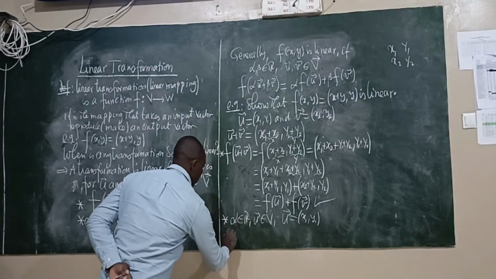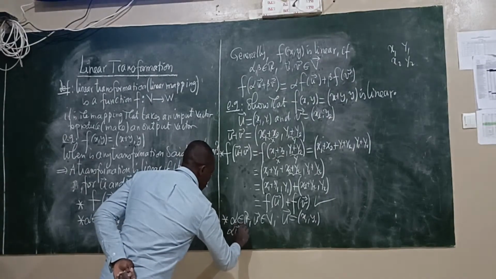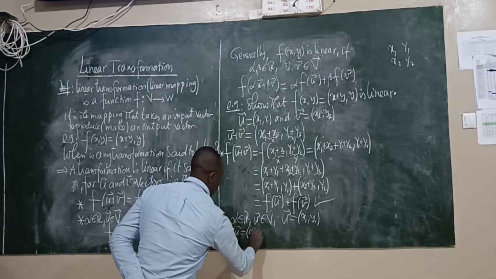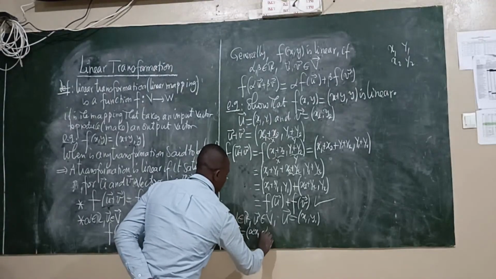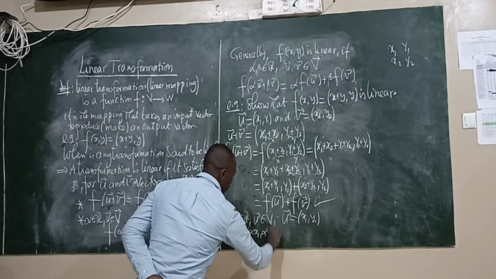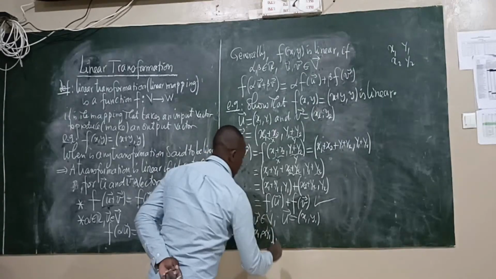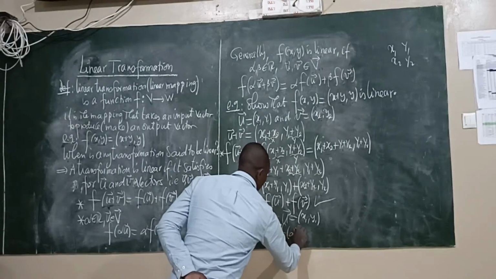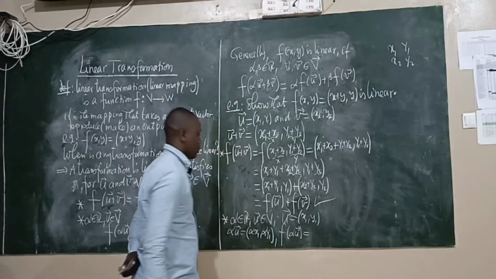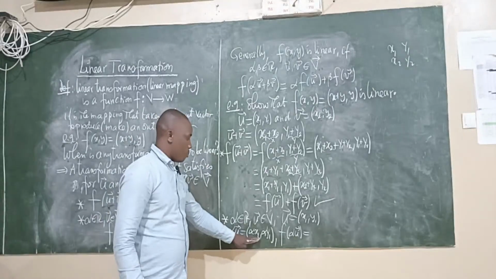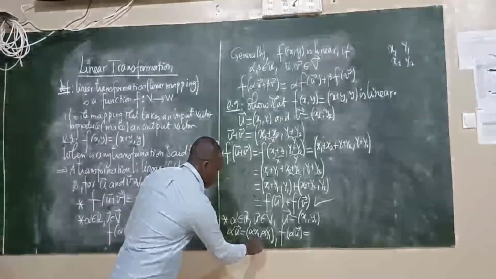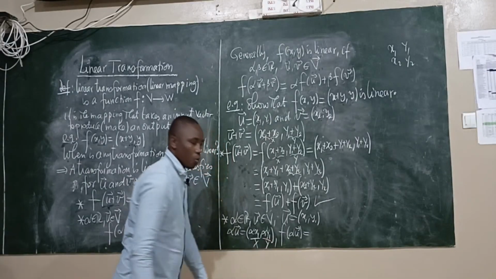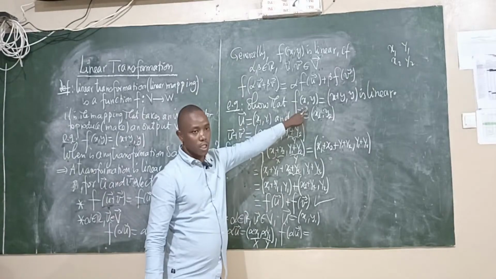So alpha u is going to be alpha x1, comma alpha y1. Then f of alpha u is going to be, as you see, we'll be replacing x. This will be replacing x, while all of this will be replacing y in the transformation.